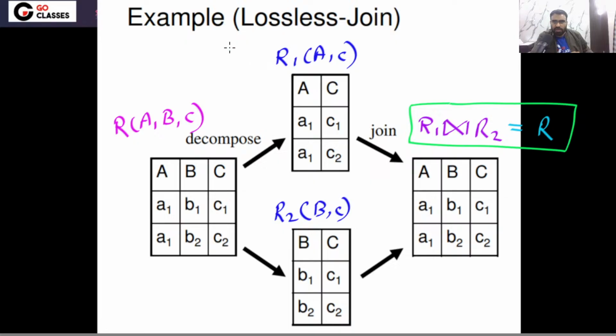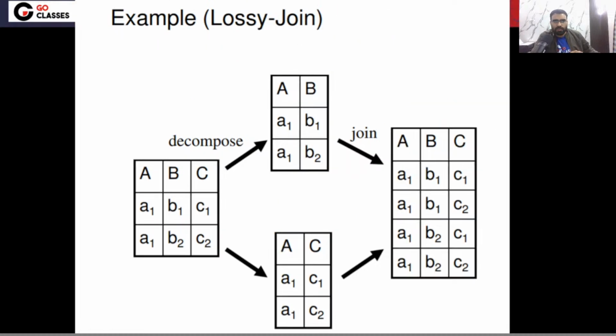The idea of lossless is that we are not losing any information. When we do the natural join of the decomposed relations, we should get exactly the original relation. Here R1 natural join R2 is equal to R. This is the definition, the idea of lossless join decomposition. Let's see what is lossy join decomposition.